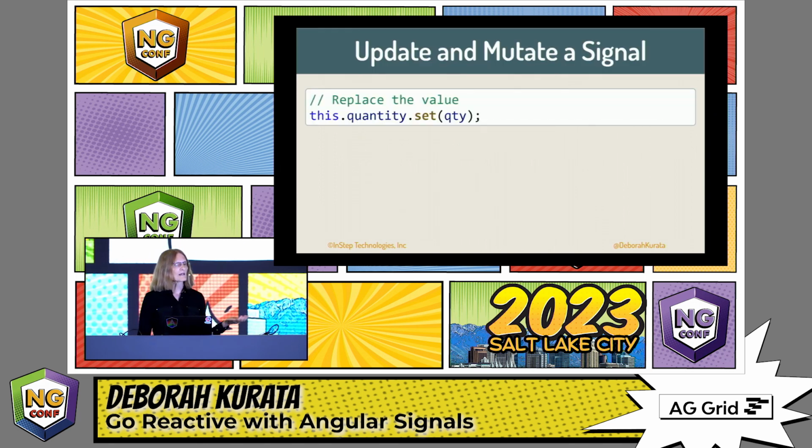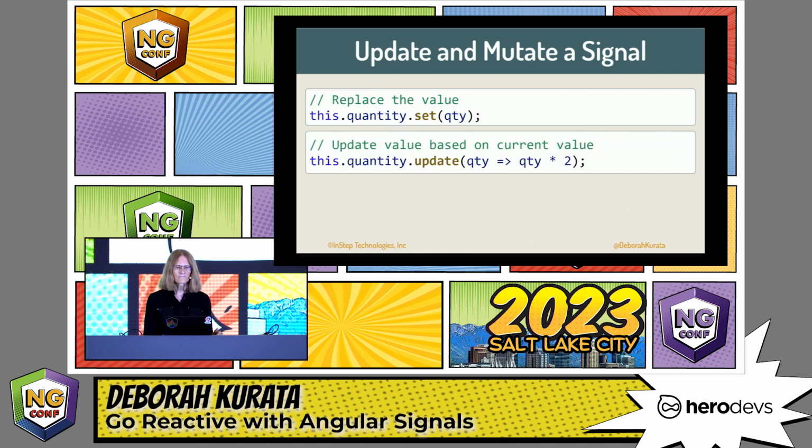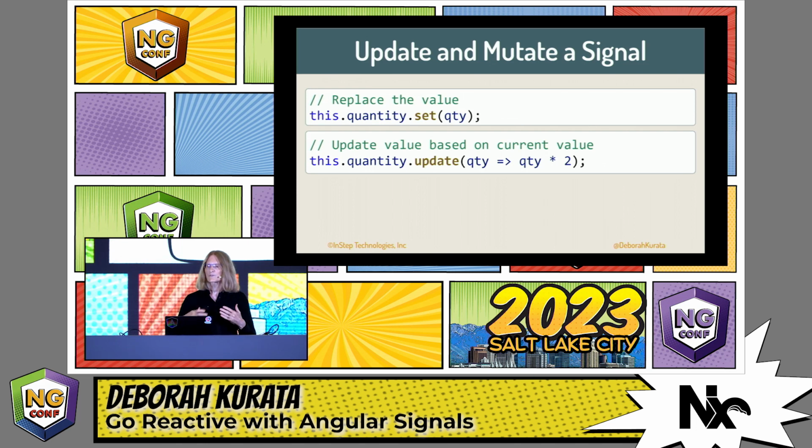As I've mentioned, when we use the signal creation function, we can update or mutate the signal. So we do that with the set keyword, so we can set a value in there. If we want to update the value using the value itself, we would use an update instead, because then it gives us what the current signal is, so we can modify it.